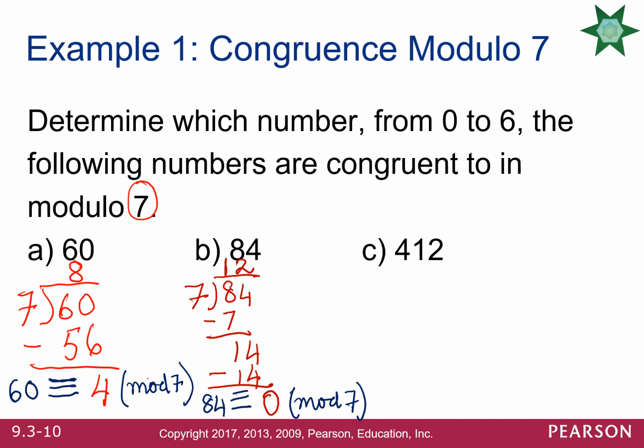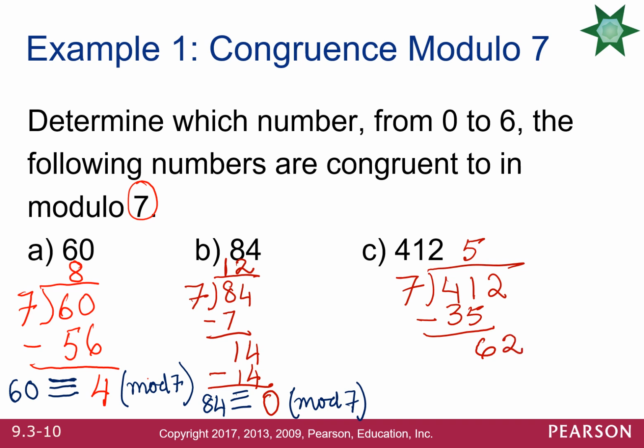All right, 412, again same process. Take the number 412 divided by 7. So 7 fives are 35. Write the 35 here. 5 is on top as a digit of the quotient. And then 41 minus 35 is 6. Bring down the 2.